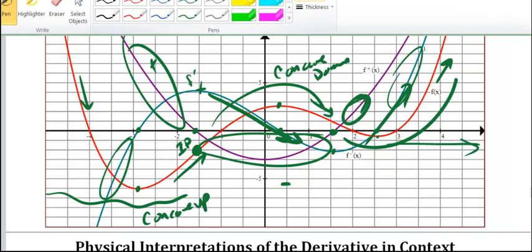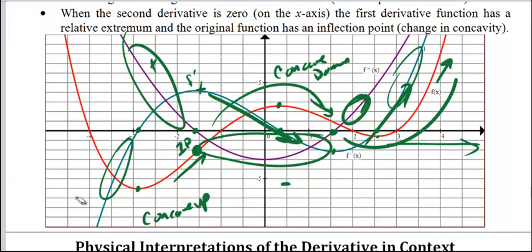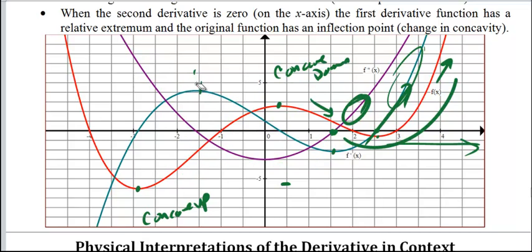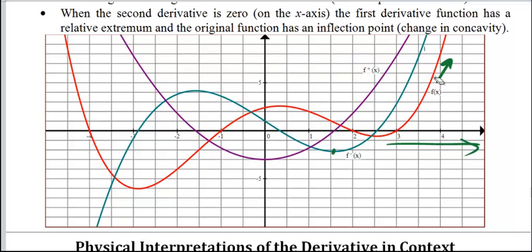Let me erase some of this stuff. We can maybe see this a little bit better again. So let's point out some key features once again of these graphs. I won't write everything on here. I'll just mark a couple of key points.